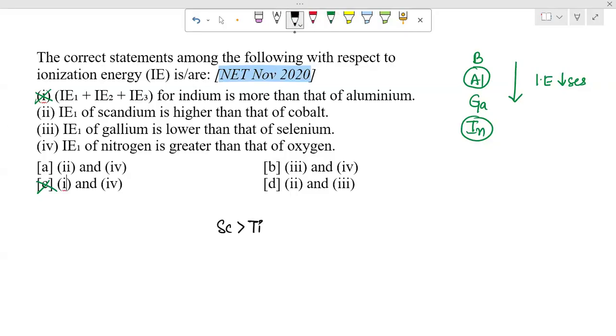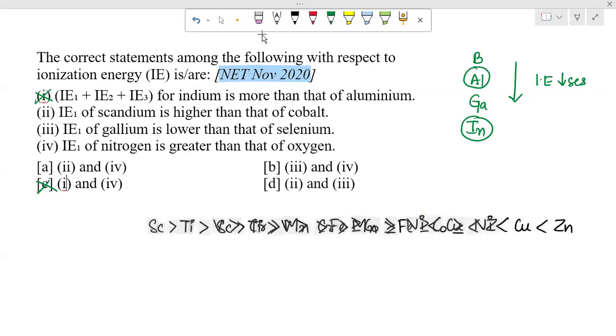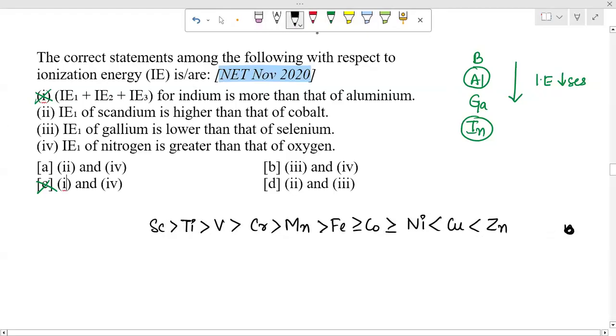Scandium, titanium, vanadium, chromium, manganese, then iron, cobalt, nickel have similar sizes. And then suddenly copper and zinc, because of the electron-electron repulsions, are larger in size. This is the order of size.